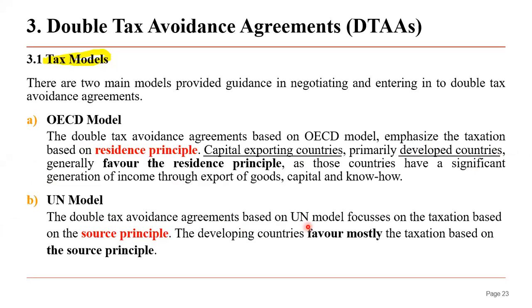Then sometimes they pick some articles from one model and other articles from the other model; that mixed utilization is also there. Most of the articles, if you have a look at the OECD and UN models, if you want, you can request me the UN model and OECD model. I have both models and I can share them if you are interested in deep international taxation. I can share the UN model and OECD model templates and all.